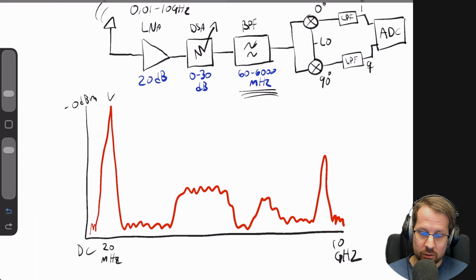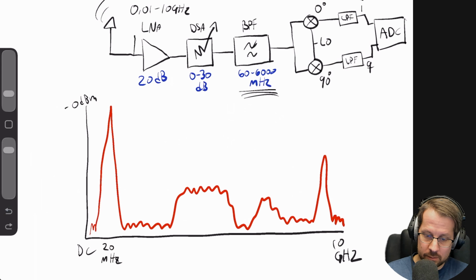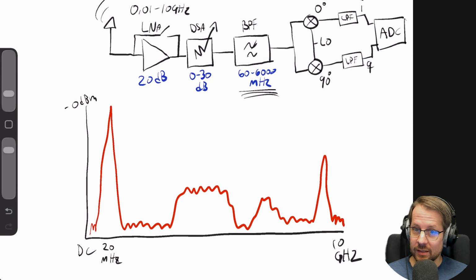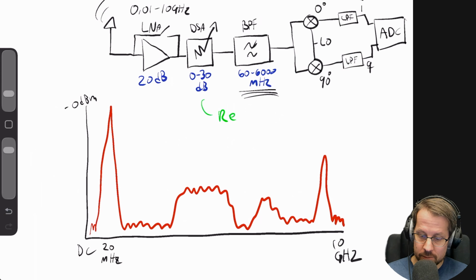So one of the first things you can do, and something that I highly recommend, is bypassing the LNA. You can bypass it and you come right into the step attenuator, and this is where you set the reference level.